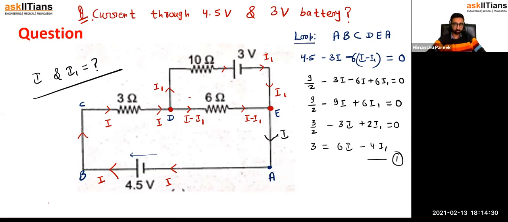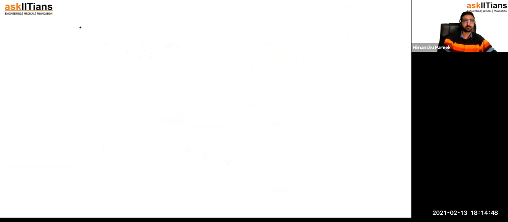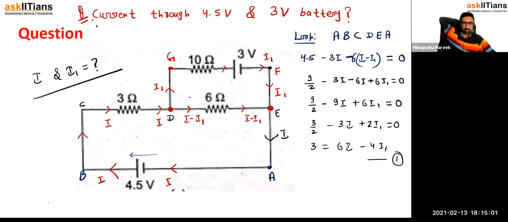So E, you can see here, that's E. This point is D. So DE, and then you can see this point we can mark as F, and then G. So loop number 2, I will take it as D, E, F, G, D. Let me just check it. D, E, F, G, D. Yes. So I'll start from D and I'll come back to D. That's the rule. Let us start from D.